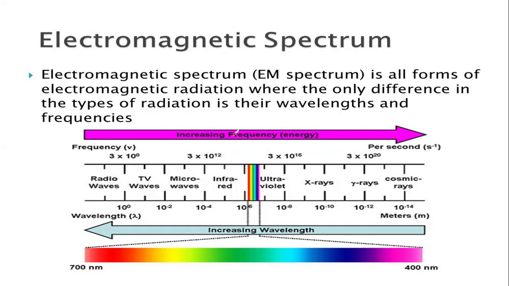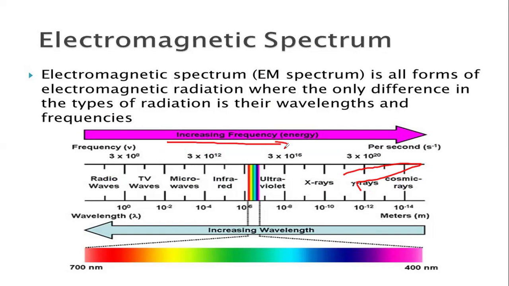So I was saying they are arranged in such a way that starting from the radio waves all the way up to the gamma rays, you are going in an increasing frequency.